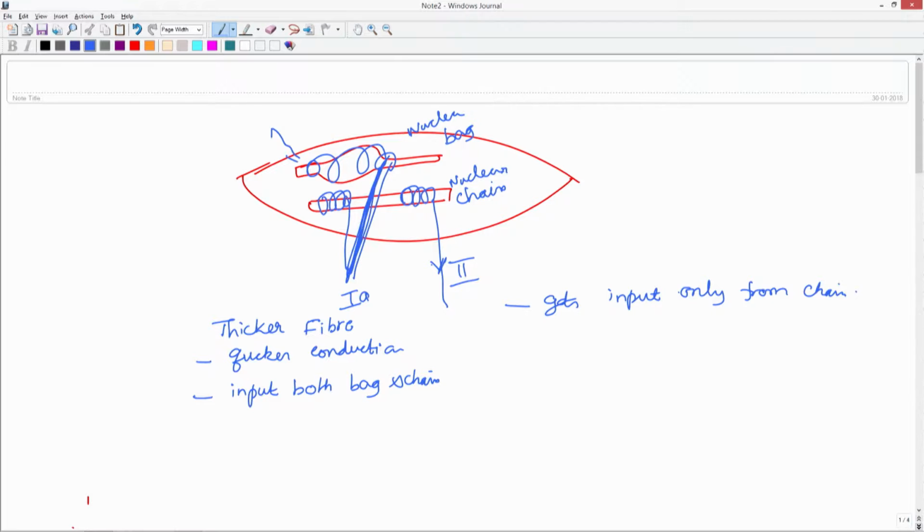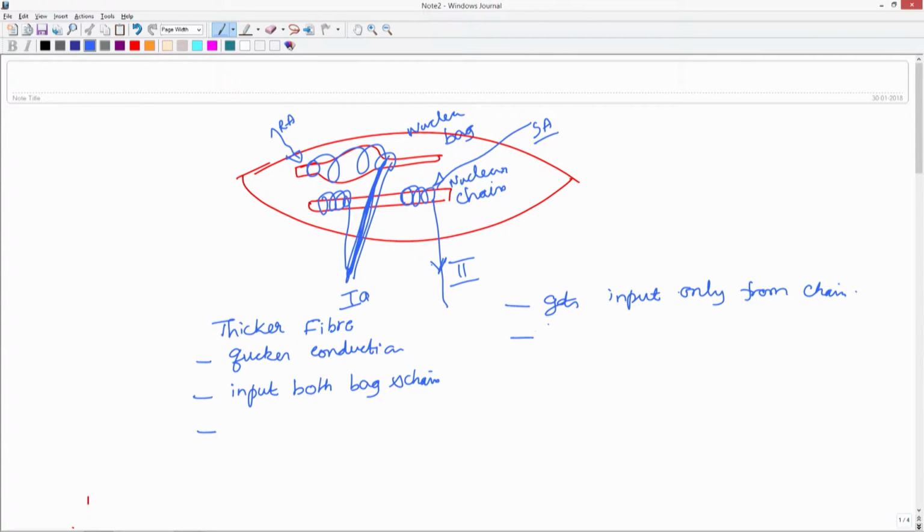The nuclear bag is like a rapidly adapting receptor, whereas the nuclear chain is like a slow adaptive receptor. Okay. As you know, the rapidly adaptive receptors will give neural firing only when there is a change, right, whereas the slow adaptive will give firing proportional to length.